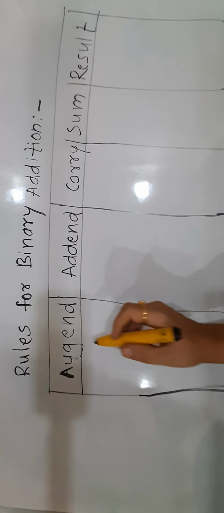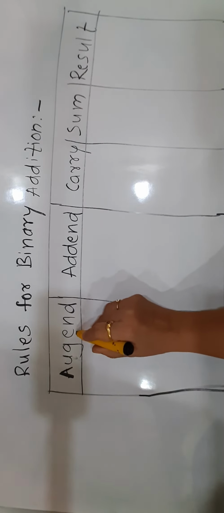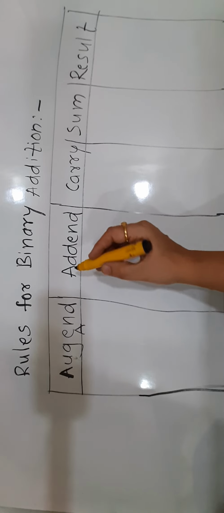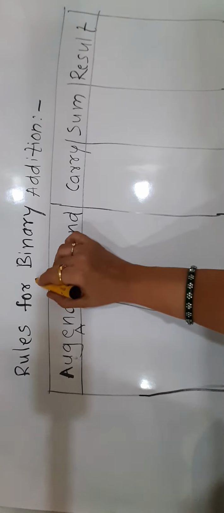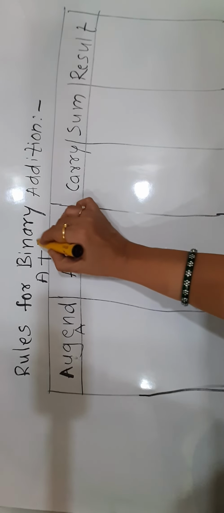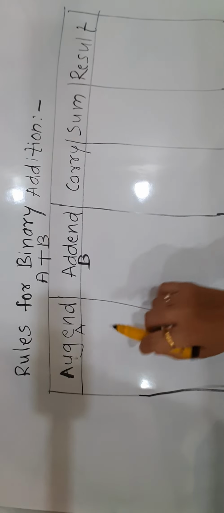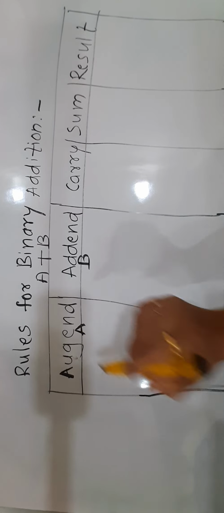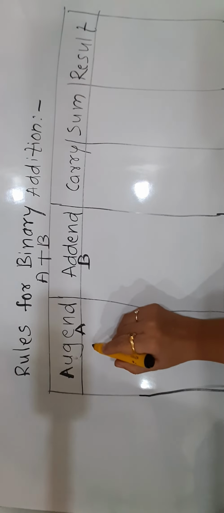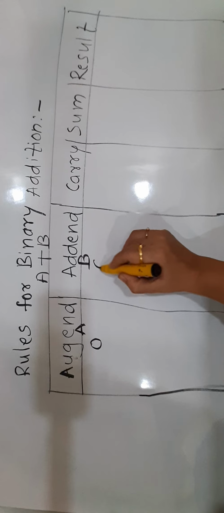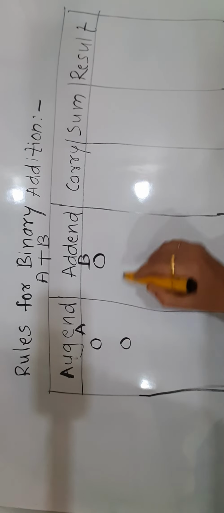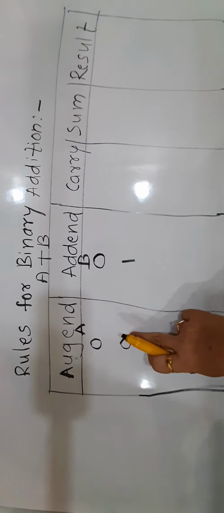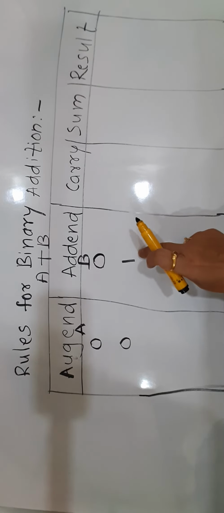If we want to perform the addition a plus b, the numbers a and b can both be 0 0, they can be 0 1, meaning a is 0 and b is 1.